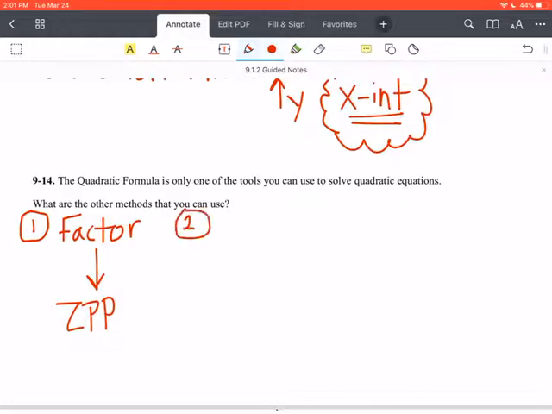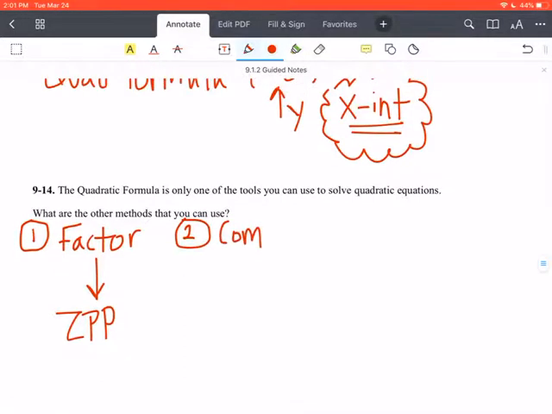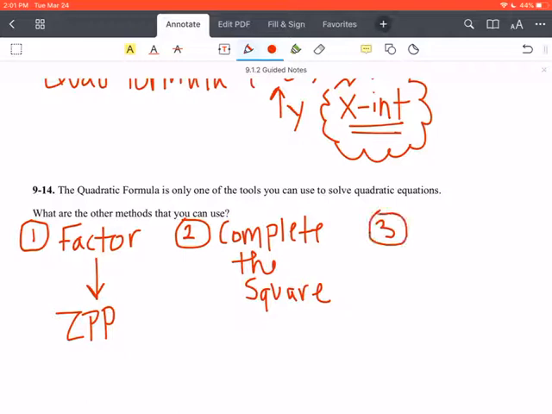So then the second method that we learned is that we could complete the square in order to then square root both sides to get an exact and an approximate answer. The third method that we just learned is the quadratic formula.